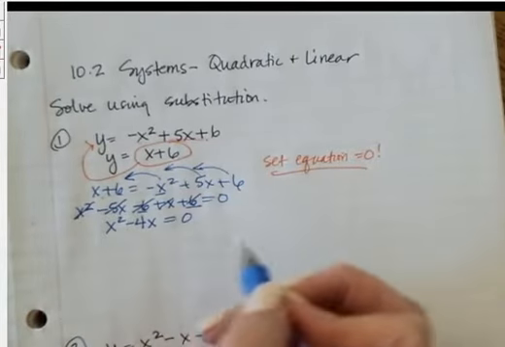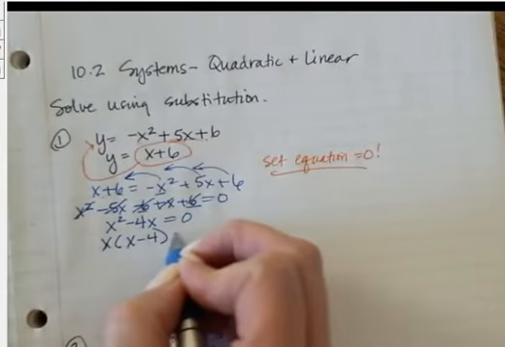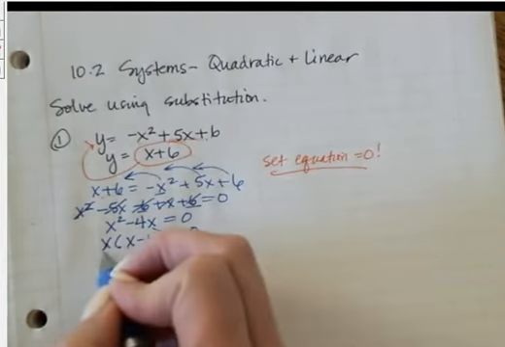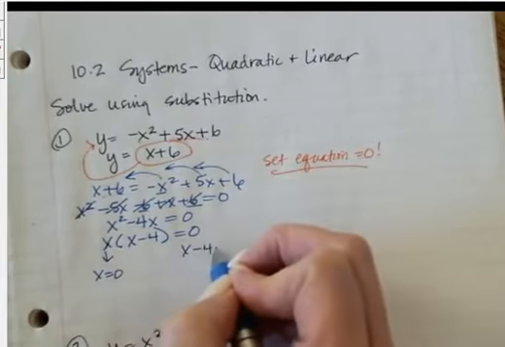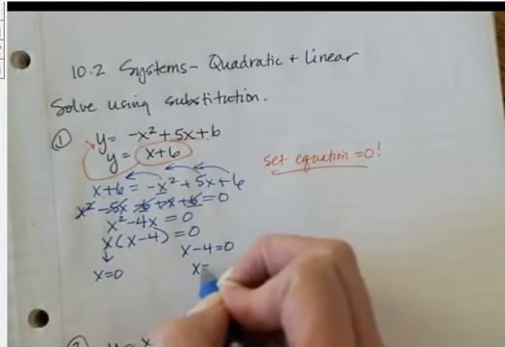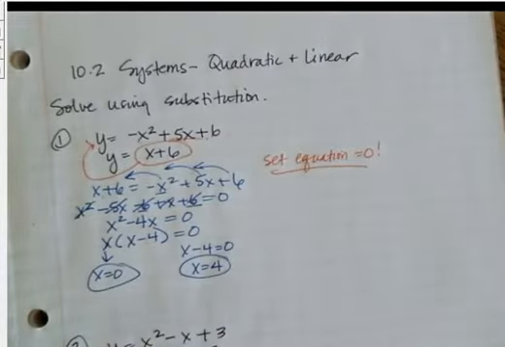So thinking about GCF, I take an x out of both. I have x times x minus 4 equals 0. So then I set each part equal to 0: x equals 0, x minus 4 equals 0. That means x is 4. Alright, that's part of my solution, but I need the y-coordinates of these points.